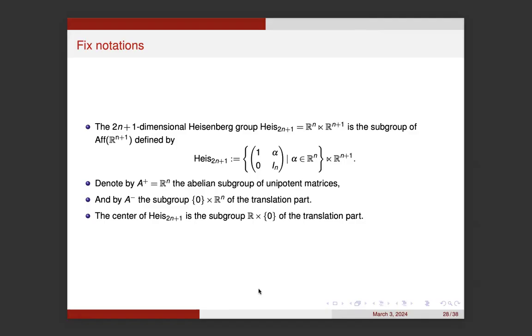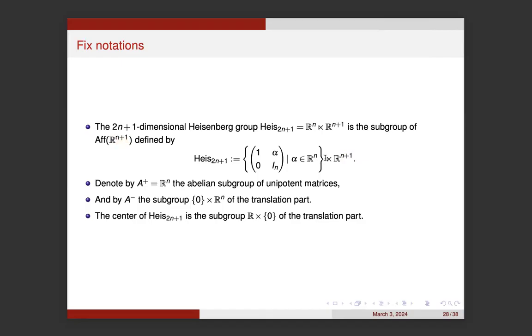So first, the Heisenberg group of dimension 2n+1. It's defined to be a subgroup of the affine group of R^(n+1), defined this way. So it's R^n semi-direct R^(n+1). R^(n+1) here, these are just the translations of R^(n+1).